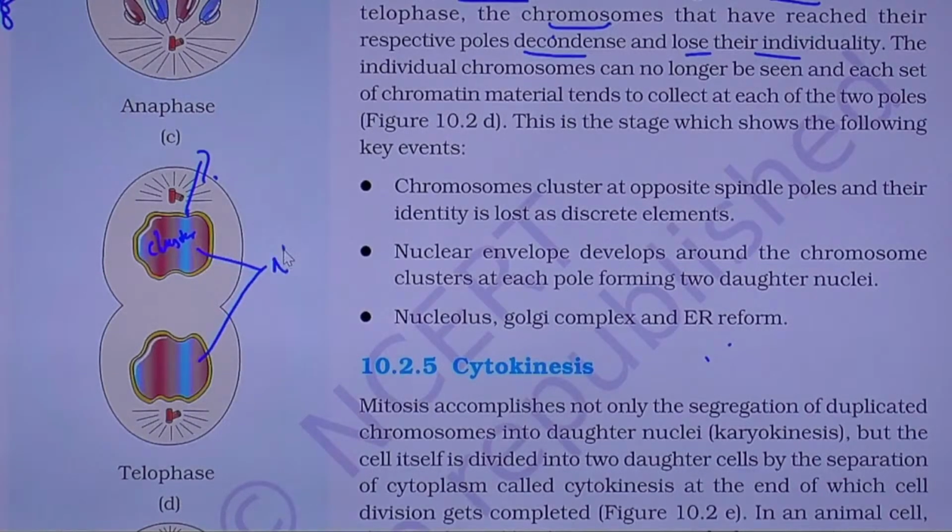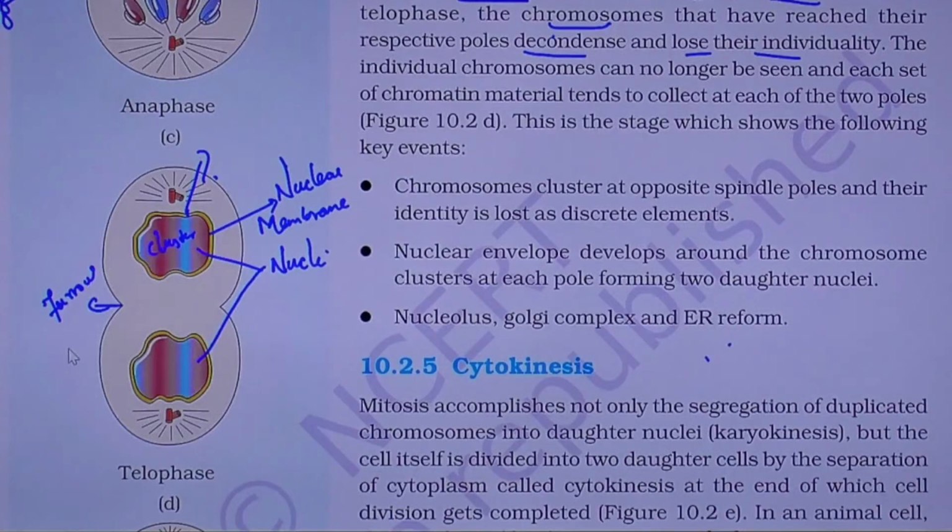This is the nuclear membrane, and this is called a furrow.